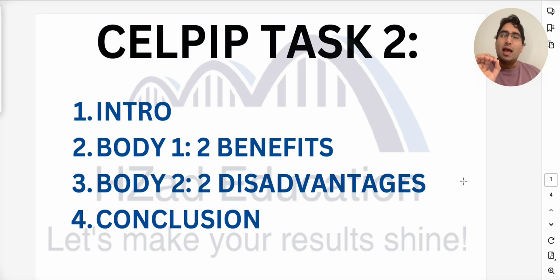Instead, you have to bash the other side in body 2. That's where CELPIP is different than IELTS. So in body 2, you have to talk about 2 disadvantages of the option you did not choose. Let me repeat this. In body 2, you talk about 2 disadvantages of the option you did not choose.